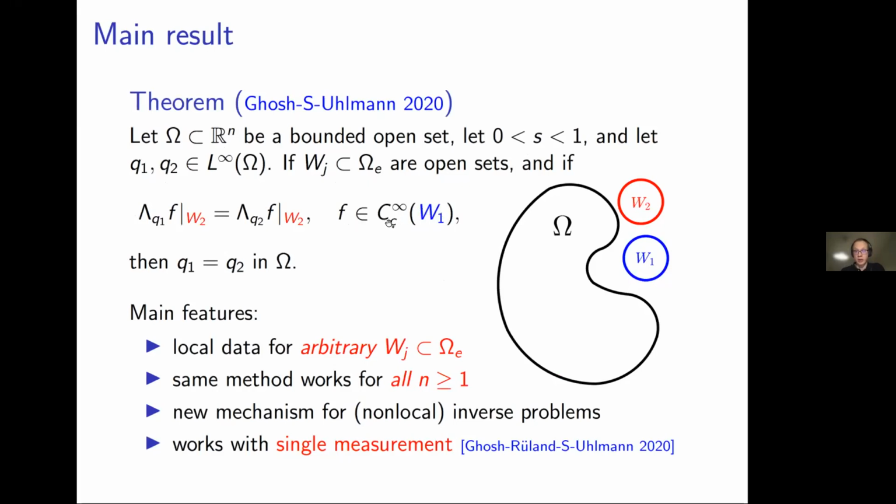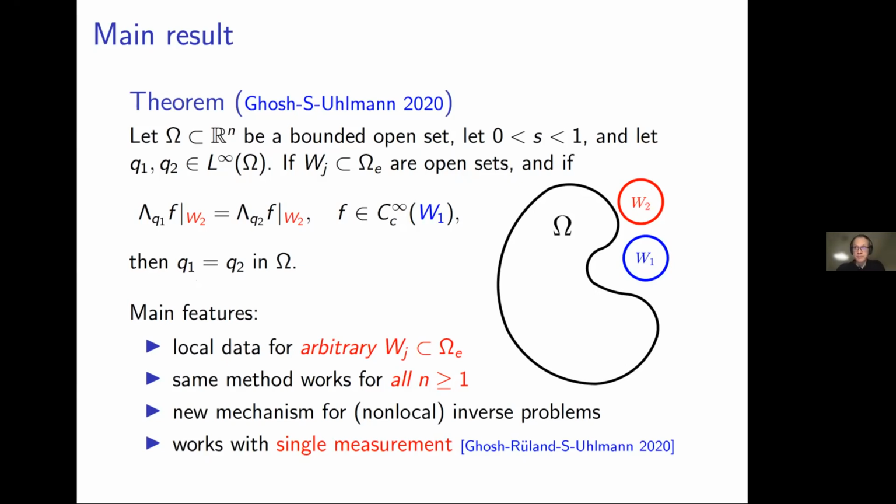The Dirichlet data is going to be 0 outside of W1. And the Neumann data you only measure in this red set W2. So from this exterior Dirichlet-to-Neumann map, where the Dirichlet data only lives in W1, and you only measure the Neumann data in W2, which could even be disjoint sets, you can show that q1 is equal to q2 in omega. So you have uniqueness for the inverse problem.